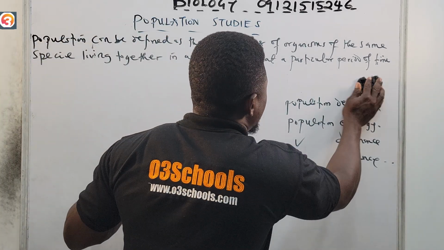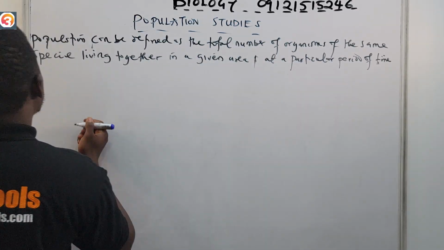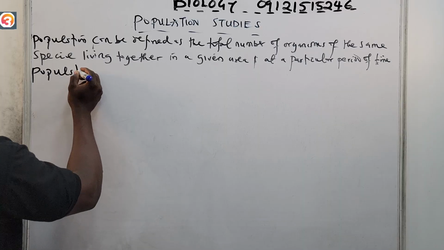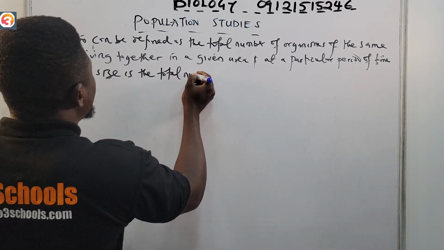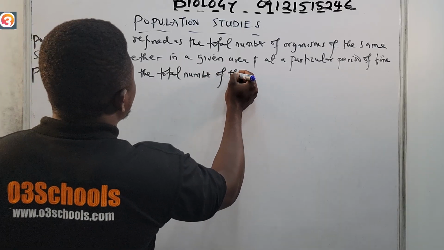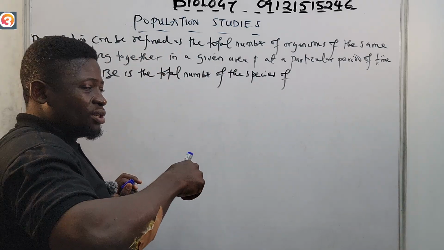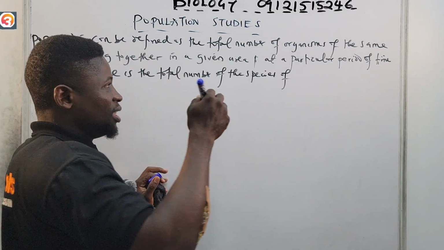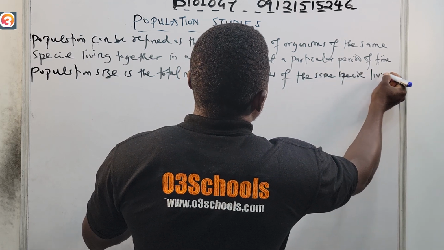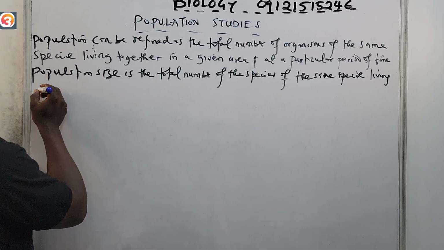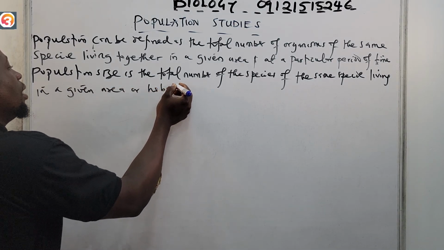We'll begin with the population size. And what is population size? We say population size is the total number of the species, but of the same species, living in a given area or habitat.